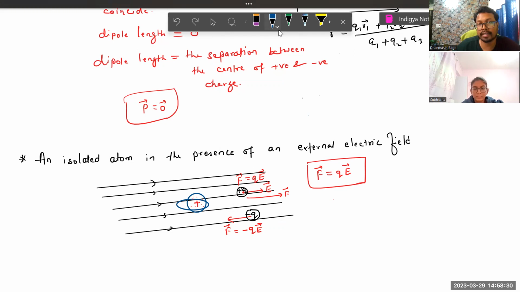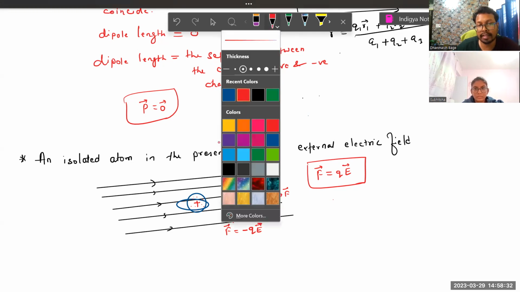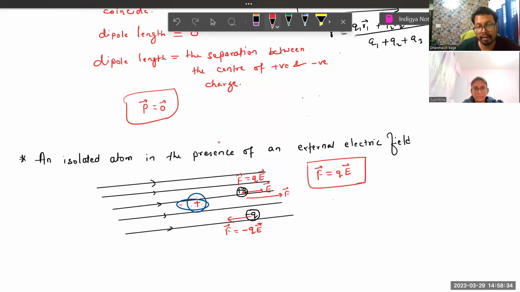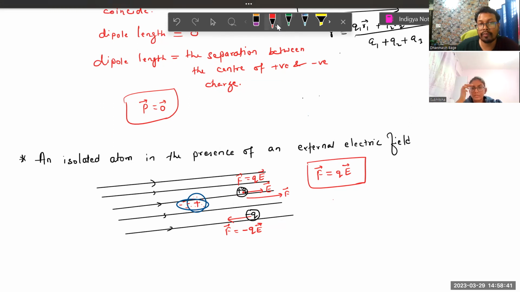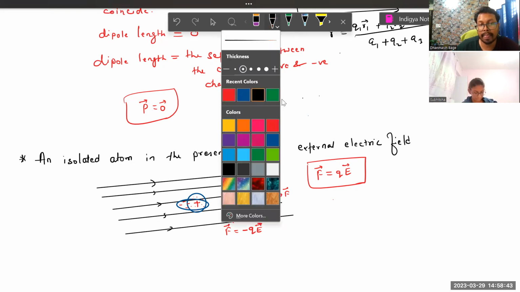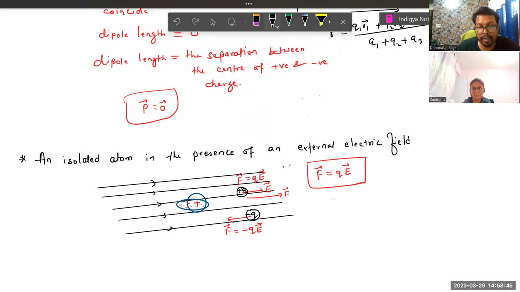The positive charges are on one side and the negative charges are accumulated on this side, right? Now the center of negative charge will be here and this is the center of positive charge. And now there is a separation between them, right? This is L vector. Do you see this?